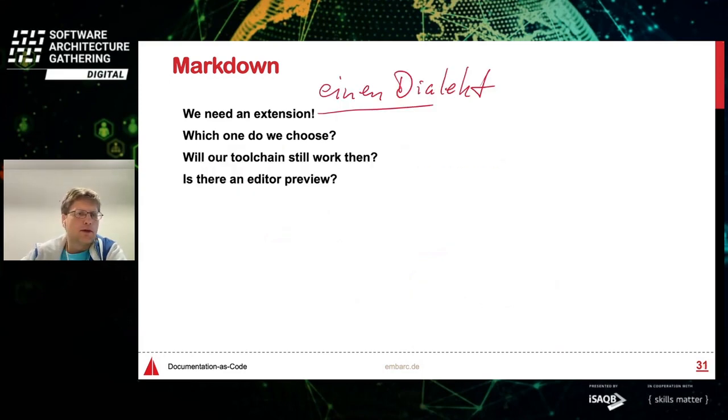And actually, it's not really an extension, it's more like a dialect. So that's quite difficult, because we have to use the right one, and it has to work in our toolchain. So our toolchain has to know this dialect as well. And it has to work in our editor, for example, IntelliJ or our IDE in the preview mode. So that could be a problem.